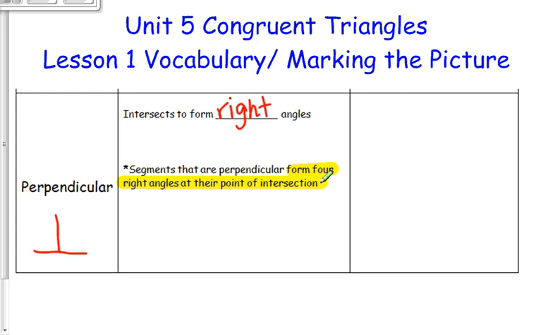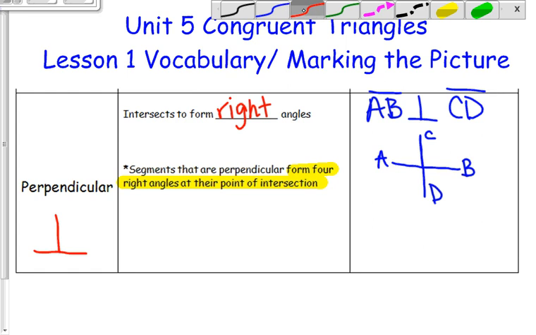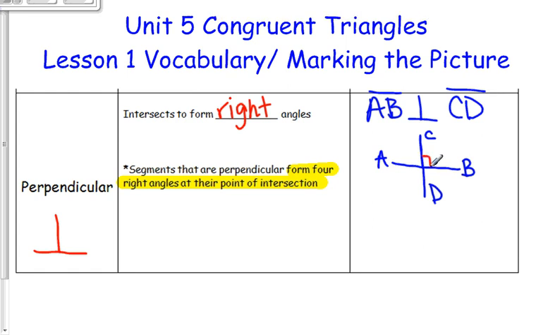So it might say that AB is perpendicular to, using the symbol there, CD. Okay, and so from that picture, we could imply that all of those angles are right.